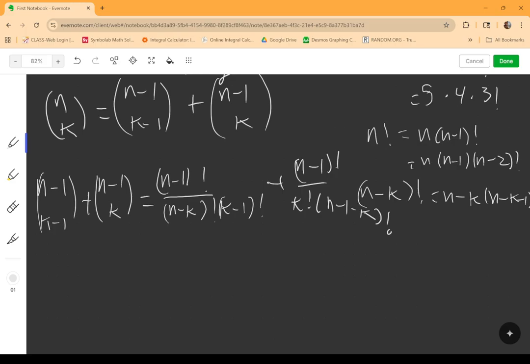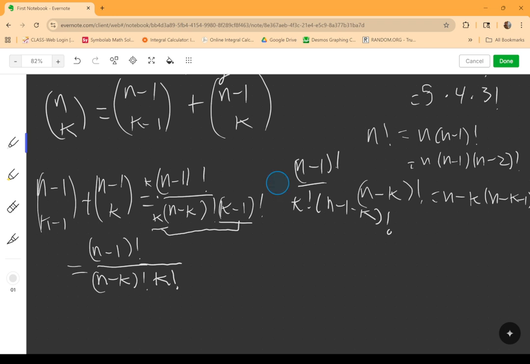Now from here, I'm going to combine these by coming up with a common denominator. On the term on the right, I'm going to multiply the numerator and the denominator by k. The reason for doing that is that k times k minus 1 factorial together leaves me with n minus k factorial, and this quantity becomes k factorial, because of my expansion above.